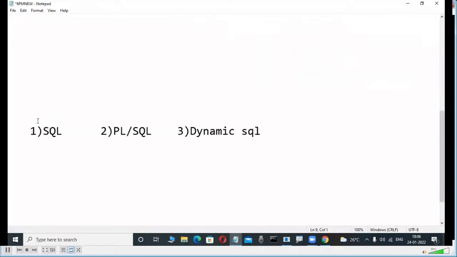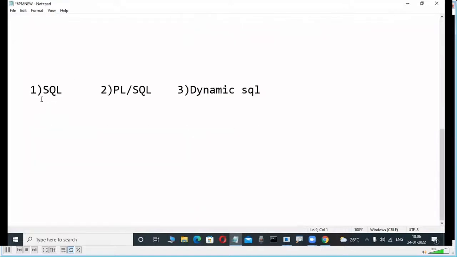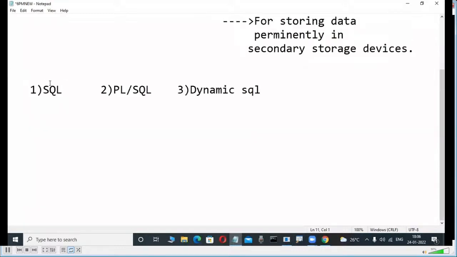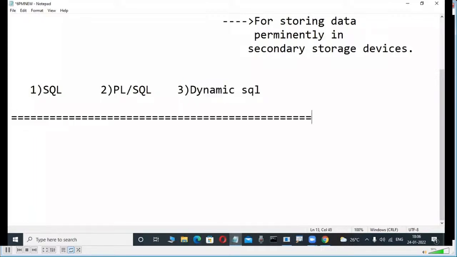For operating these products, we use SQL. But to operate the Oracle database product, we use 3 languages: SQL, PLSQL, and dynamic SQL. Up to this, we learned in previous classes.